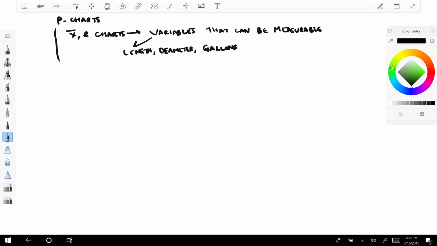However, P charts are used when we are talking about attributes. Attributes are characteristics of a product.